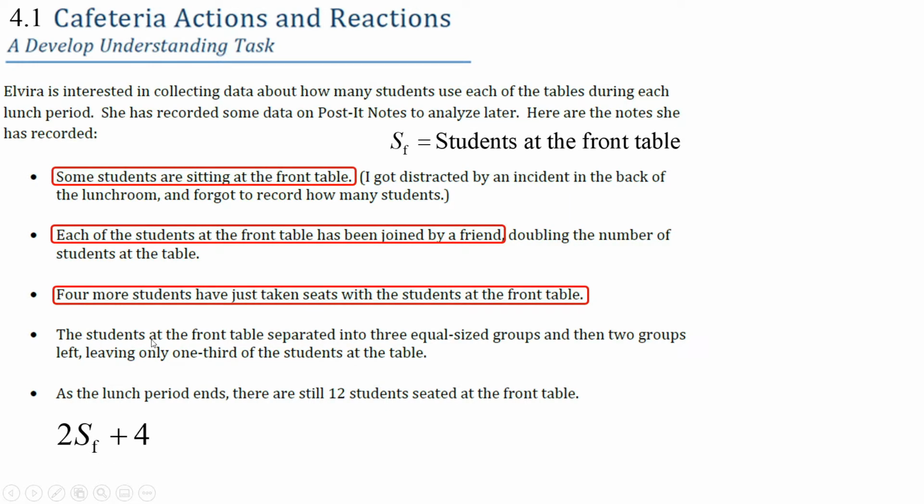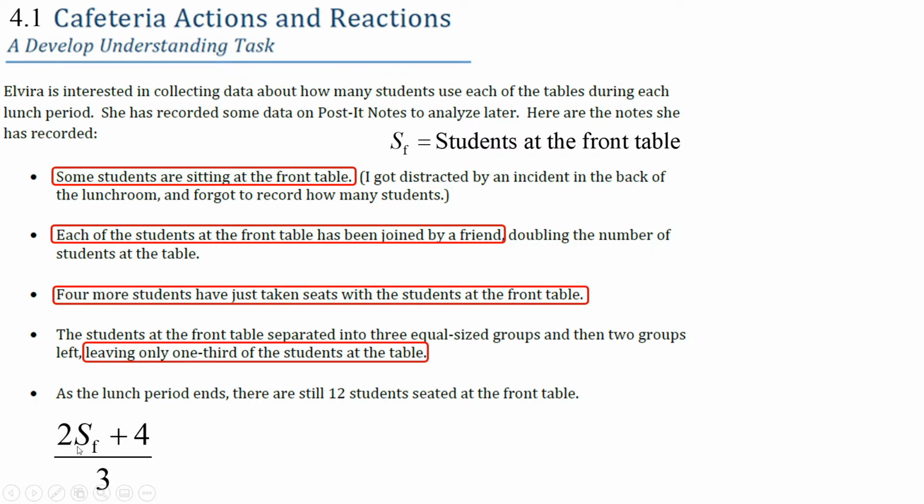Note number 4. The students at the front table separated into 3 equal size groups and then 2 groups left, leaving only 1/3 of the students at the table. So we had 2 times S sub F plus 4, and now we only have 1/3 of that. So I'm just going to show that by dividing by 3.